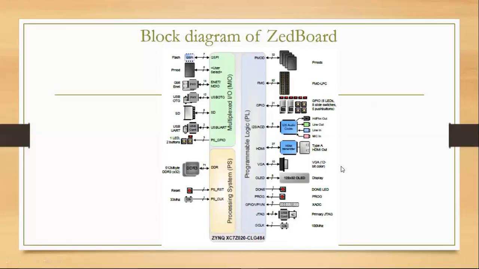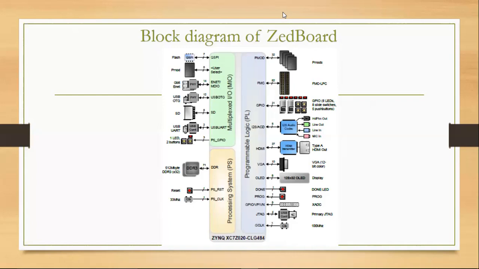Here we can observe that on the programmable logic side, an onboard OLED is available, and two LEDs, done and program. After completion of implementation, this done LED is turned on. This programming LED is turned on while programming the device.